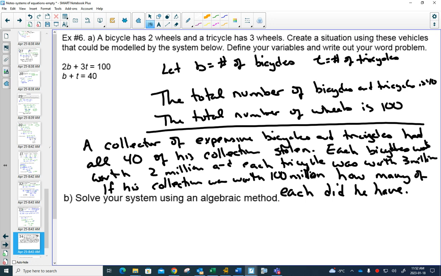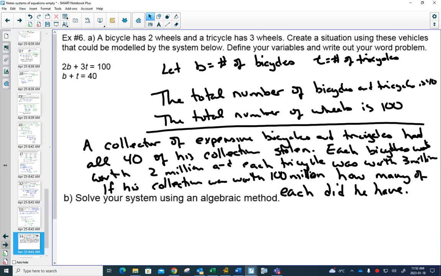So this question was worded originally to lead you into writing a question using wheels and bicycles, but being creative, it didn't say you had to use the wheels anywhere. It just said create a situation using these vehicles that could be modeled. So I got creative and instead made it with very expensive bicycles and tricycles.